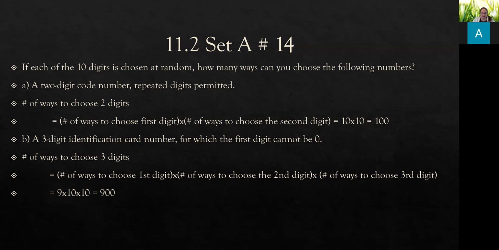So since we're not allowed to use 0 as the first digit, there's only 9 choices for the first digit. And there's 10 choices for the second digit and 10 choices for the third digit. So we come up with 900 different ways. Does that make sense so far?